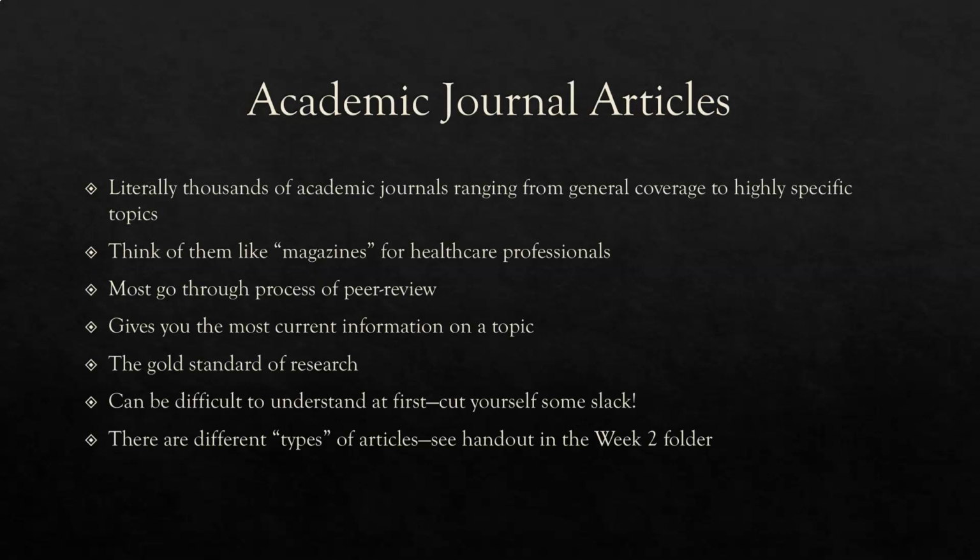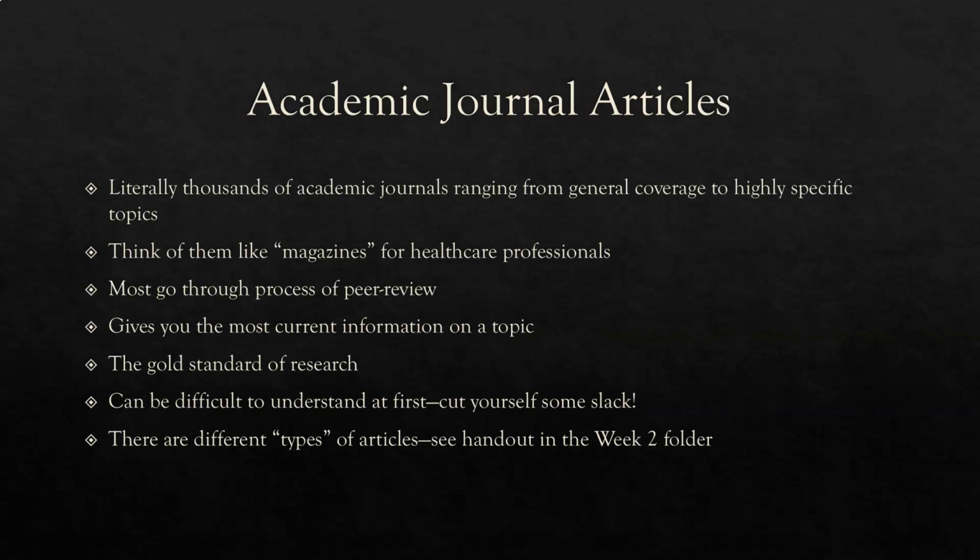We're all familiar with books and ebooks, and certainly everybody's familiar with the external web. The one route or source of information that you may not be familiar with are academic journal articles. Academic journal articles are like magazine articles in very specialized journals, which are like magazines for people in healthcare, that deal with all sorts of different medical issues.